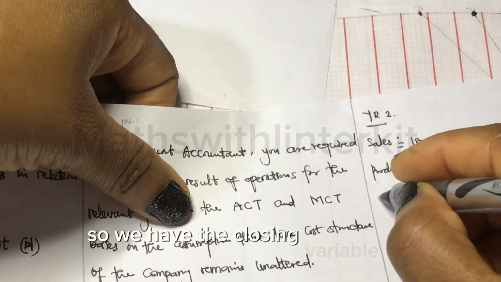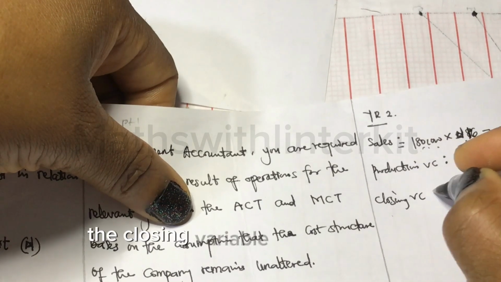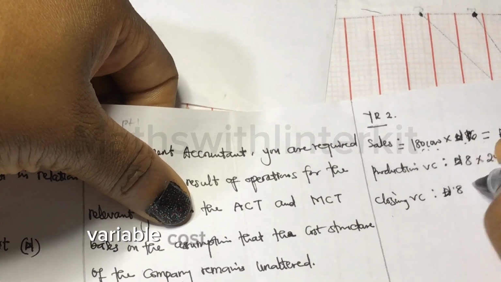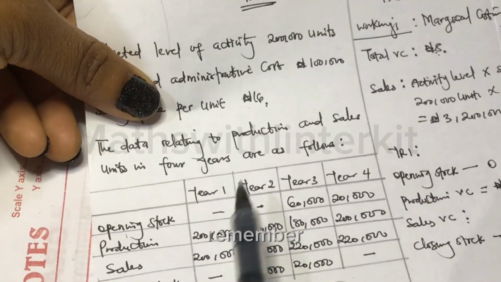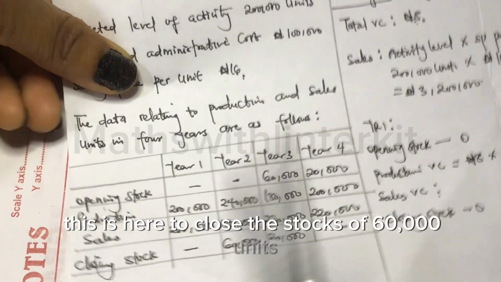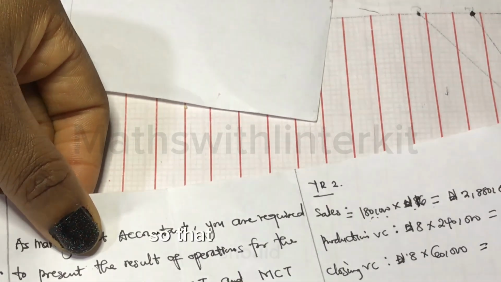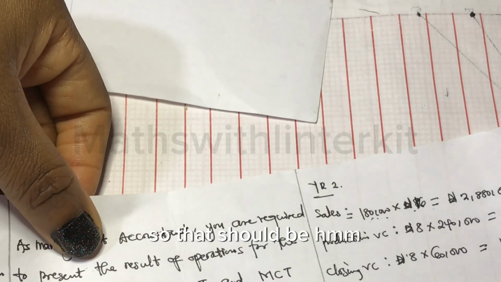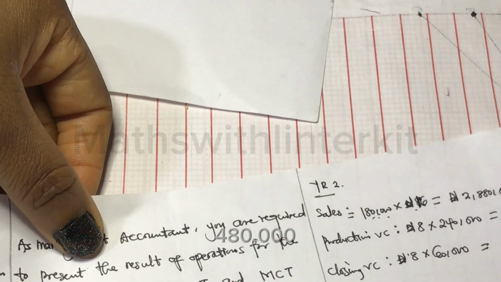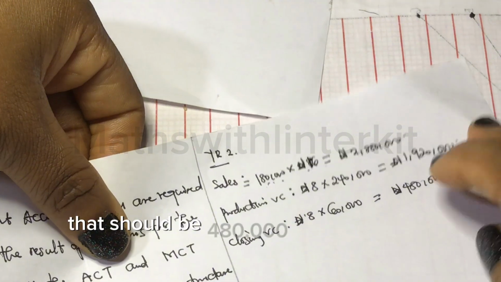We have the closing variable cost. The closing variable cost will be variable cost times the closing stock. Remember, this is year 2. Our closing stock is 60,000 units. So that will be 8 times 60,000, which should be 480,000.